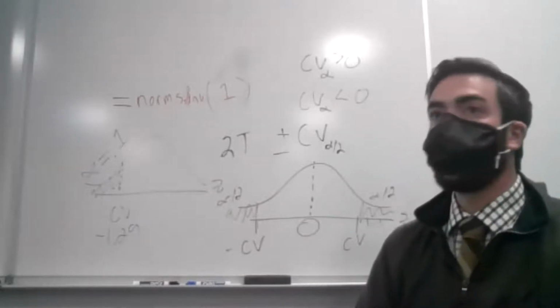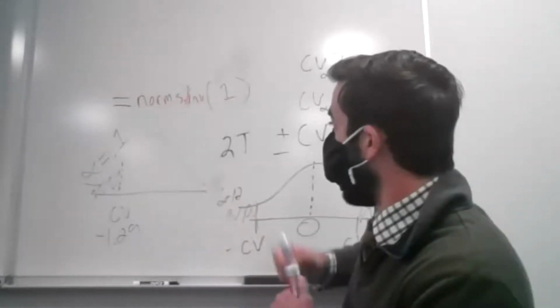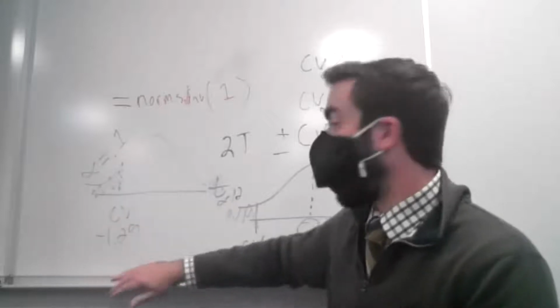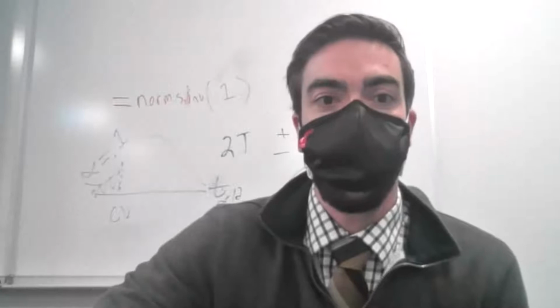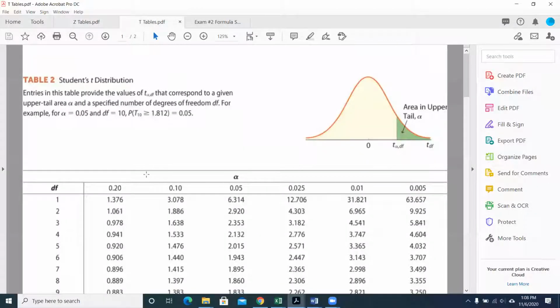Okay? And the student t distribution is the exact same way. Let's say this was a student t distribution. We still want the critical value that gives us 0.1 in the tail. It's just now we need degrees of freedom. So if we go to that student t table, I still want 0.1 in that tail, but I need to know what my degrees of freedom is.